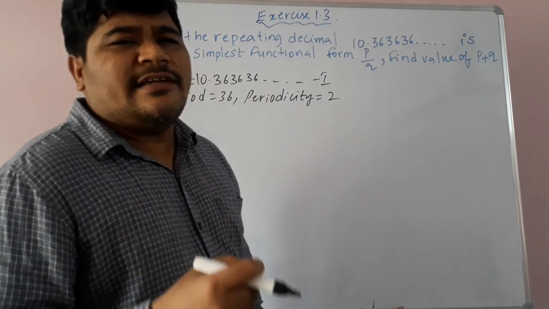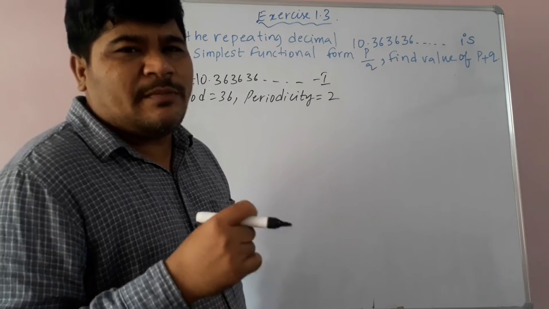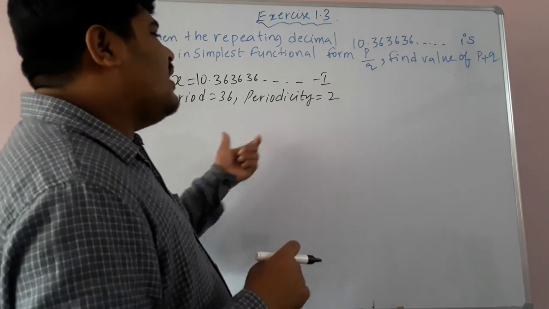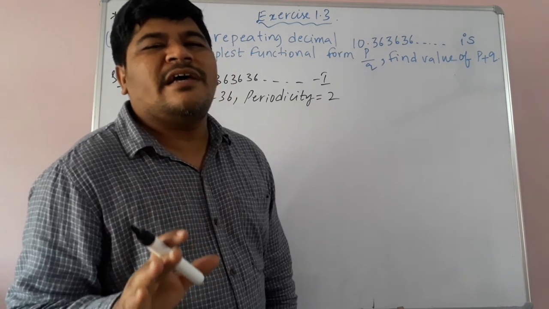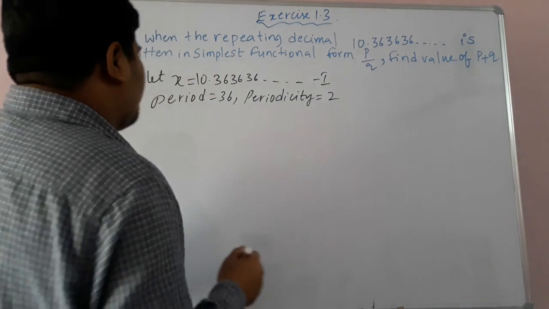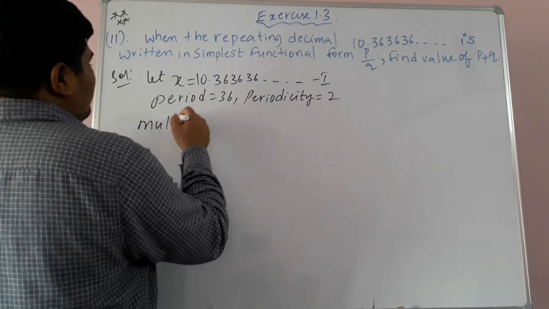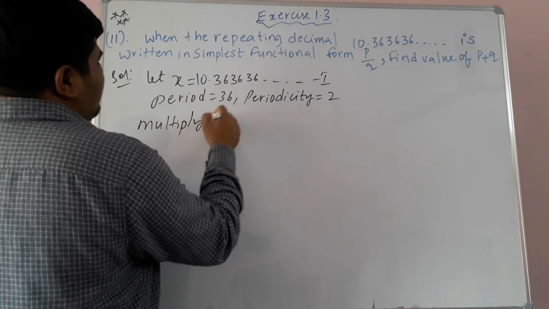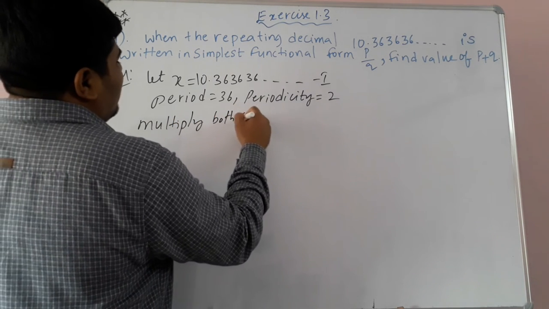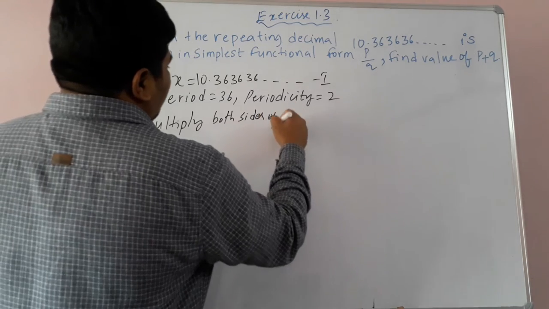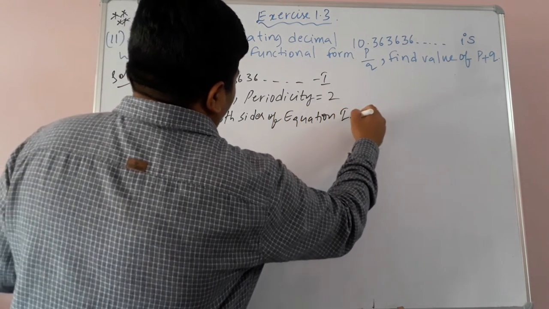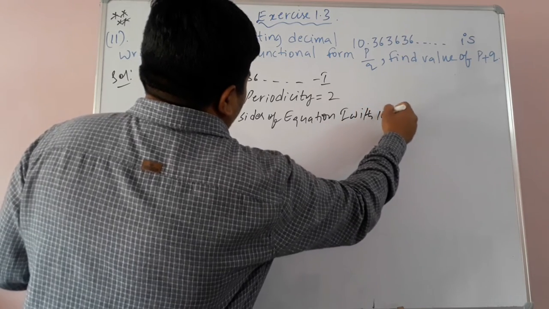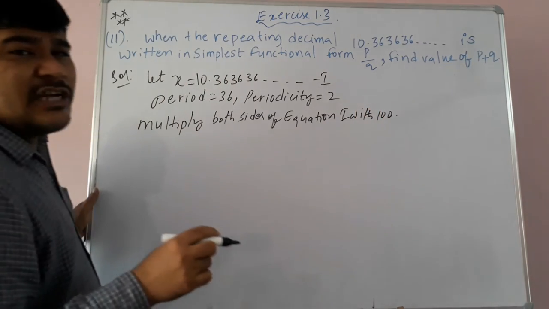If periodicity is 1, both sides of the equation should be multiplied with 10. And here periodicity is 2, so both sides of equation 1 should be multiplied with 100. Multiply both sides of the equation with 100.